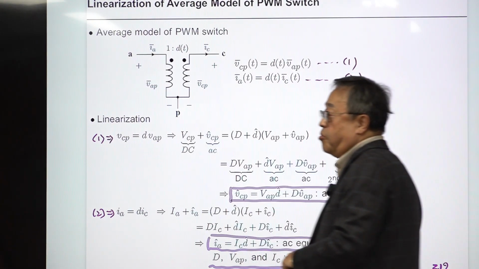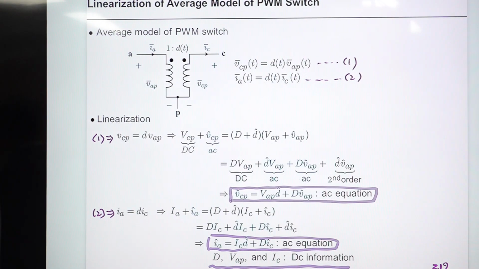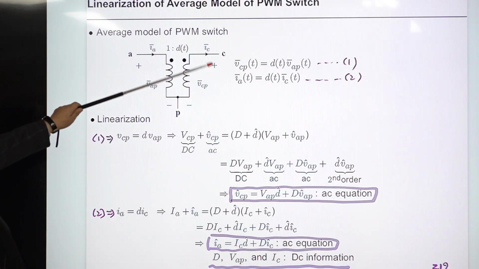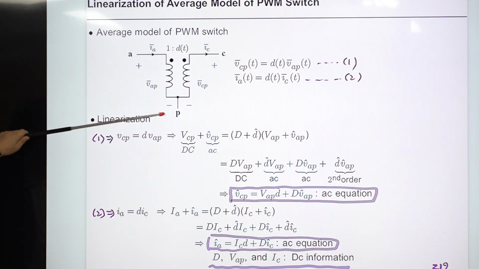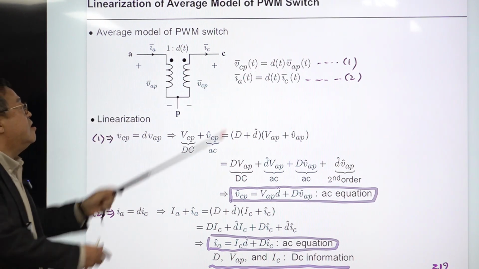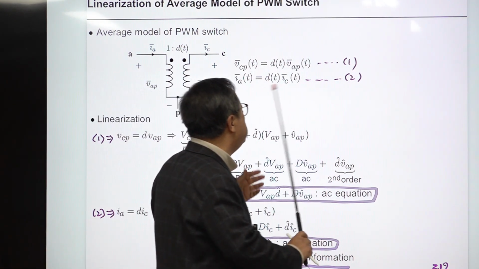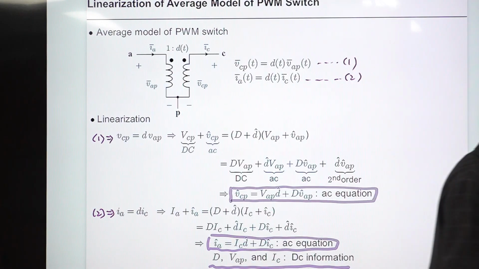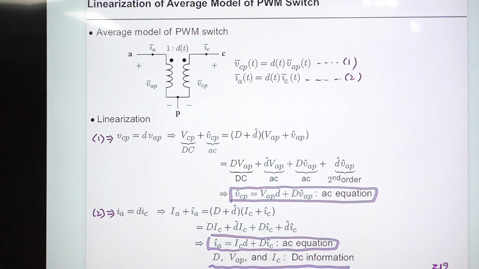This is the second part of this lecture. In this part, we'll apply the previous linearization step to the average model of the PWM switch. This is the circuit model, but it's much more convenient to use these equations to linearize it, which is the same thing.